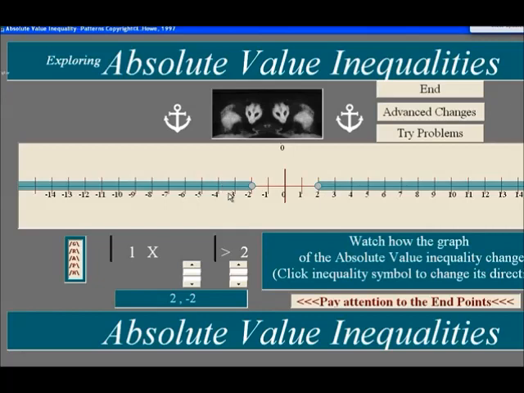But right now I want you to see that if you have absolute value greater than, even if you put another number in here, you always get these two arms reaching out, because greater than means it's going out from the center of your absolute value interval. And less than always is these 2 endpoints and then the section in between.